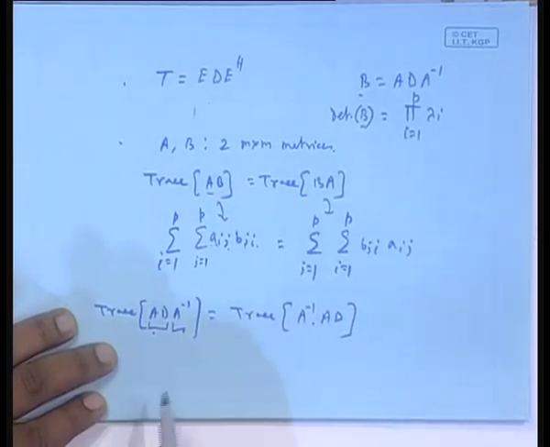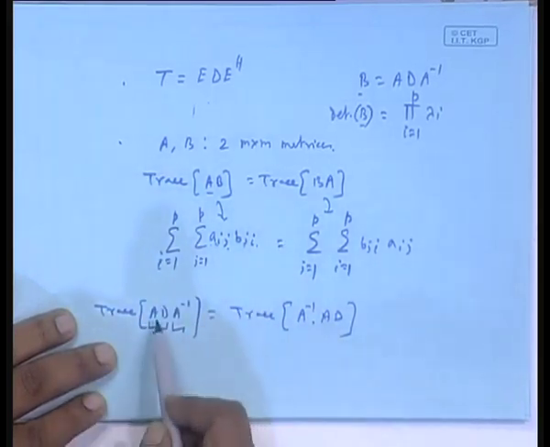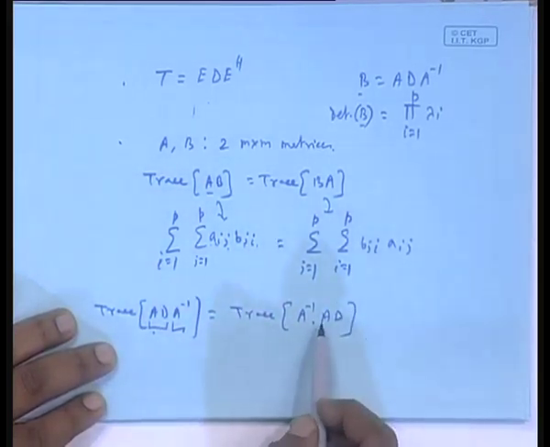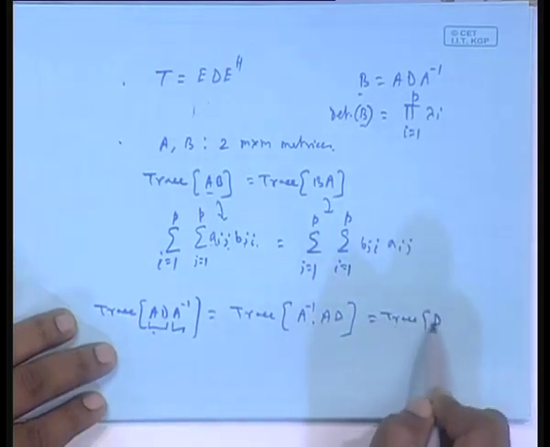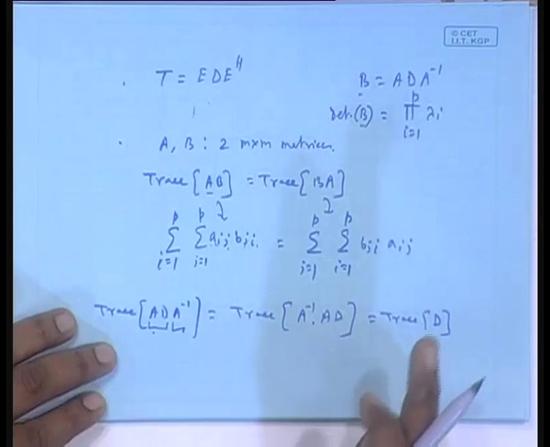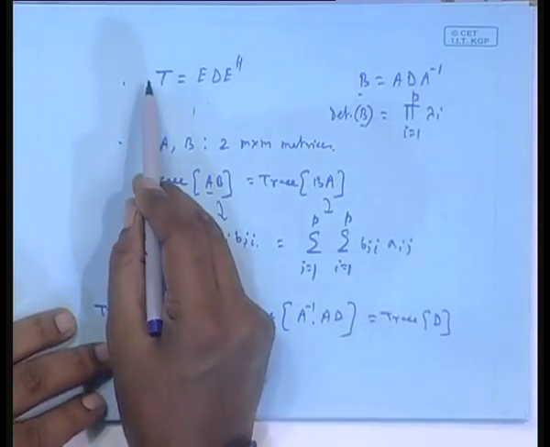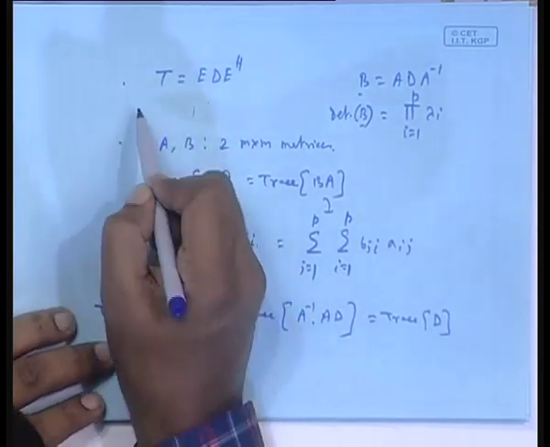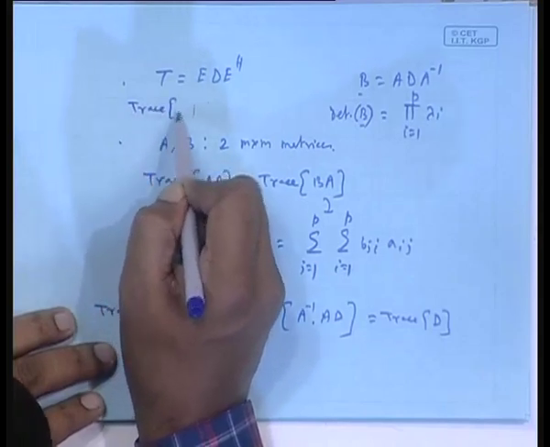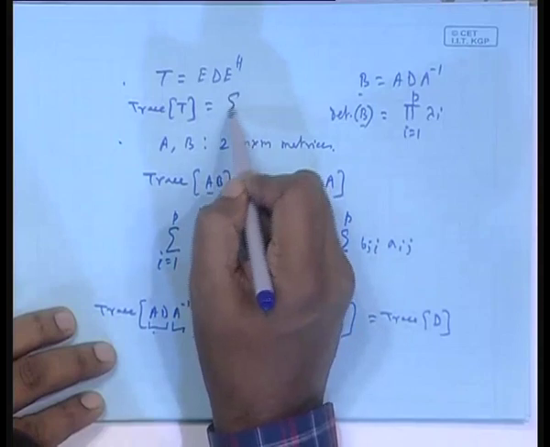Trace of this part into this part is the same as trace of this goes first and this goes second. But you see A inverse and A will cancel. So simply the trace of D. This result you don't forget, I make use of this result many times. So for a Hermitian matrix, its trace is simply the summation of the eigenvalues. So that means trace of T is the summation of lambda i's.